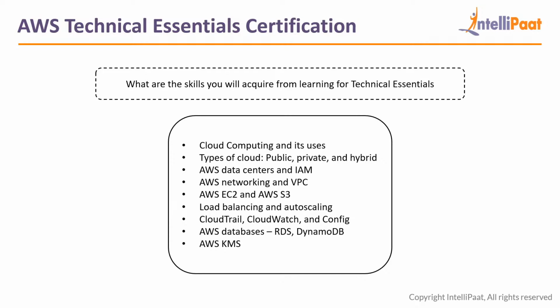And once you take up the certification, the next step you will have to take is clear the cloud practitioner exam, which is a foundational certification in AWS. And there is also another certification called the cloud practitioner certification training itself. So you can either take the technical essentials. In this case, you'll learn all of these services, and you will do hands-ons with them.